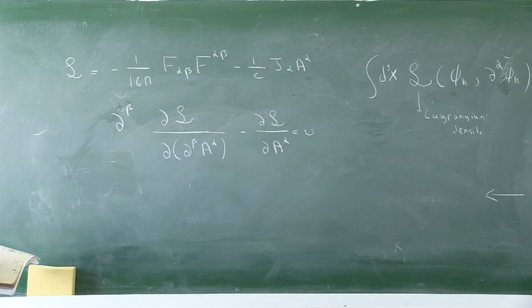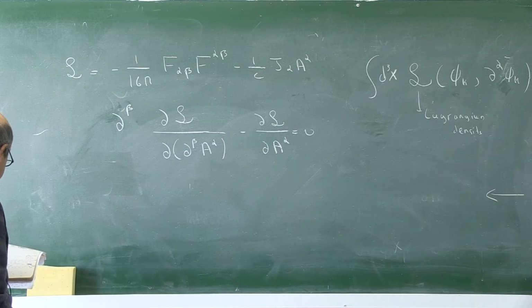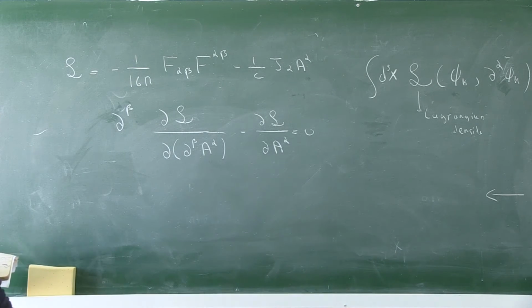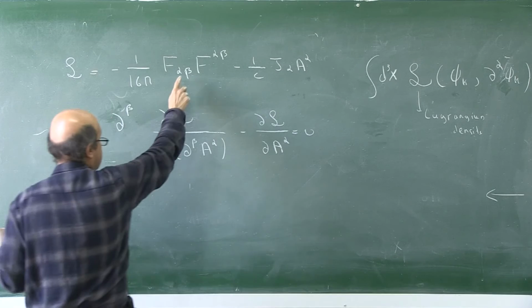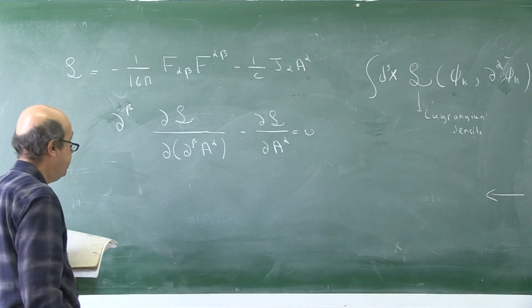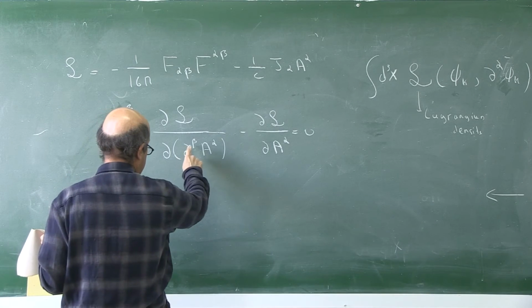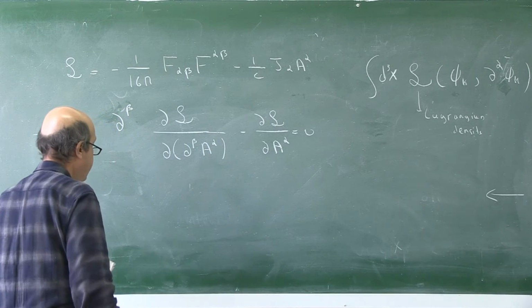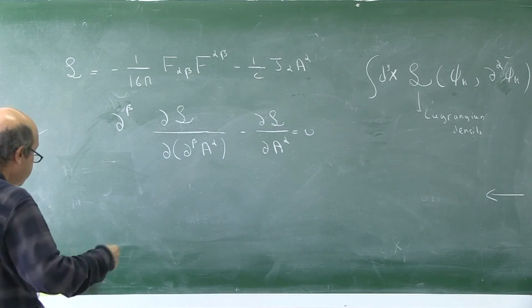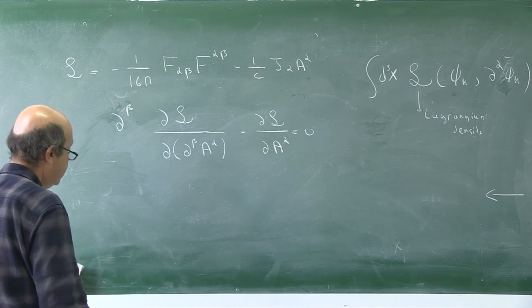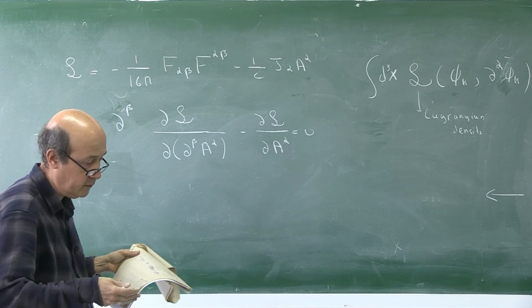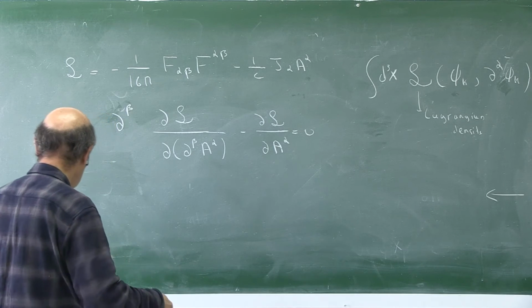Operation. So let us start the study, writing this F alpha beta in terms of del beta A alpha and so on. We can write that F alpha beta is given by the derivatives of the 4-potentials.